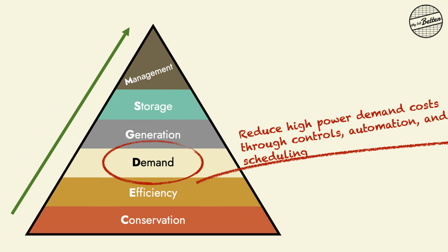Demand has to do with the power that you're consuming for the building compared to the utility rate that your building is on. So considering that money example again, you're saving your money, you took your money to the bank, but now you need to do some management of your money. You can't take out too much all at once because then you'll be charged. And maybe you also can't put too much in.